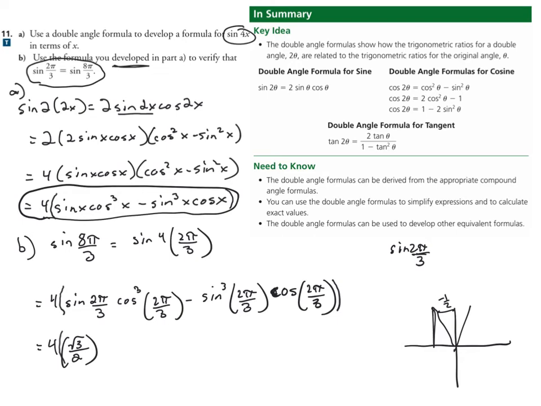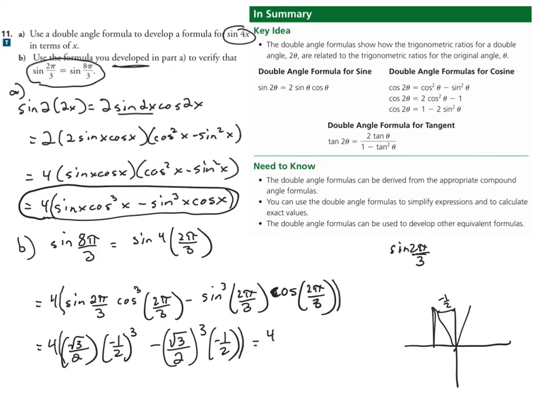So this is going to be negative 1/2 cubed minus sine, which is root 3 over 2, and this one's cubed, so root 3 over 2 cubed times the cos, which is negative 1/2.